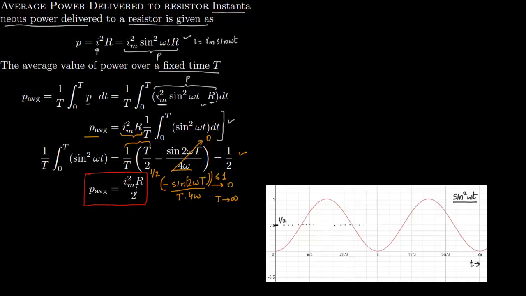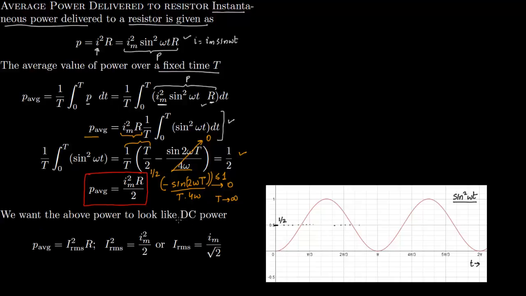But this does not look like the DC power. We want the average power to look like DC power, so we have to replace this current with something like I square RMS, where RMS means root mean square.